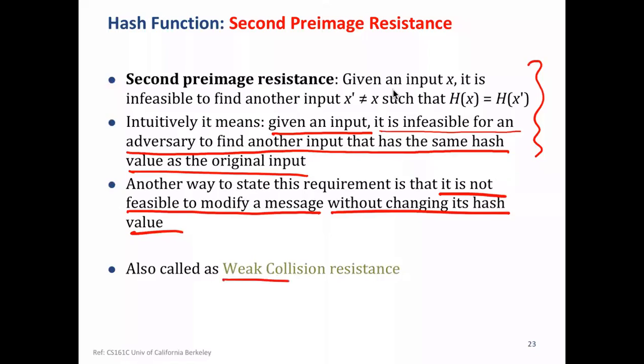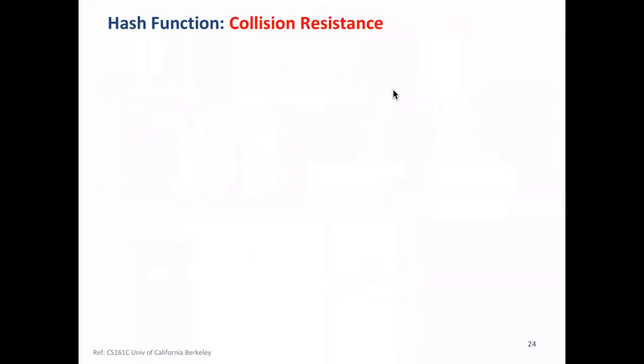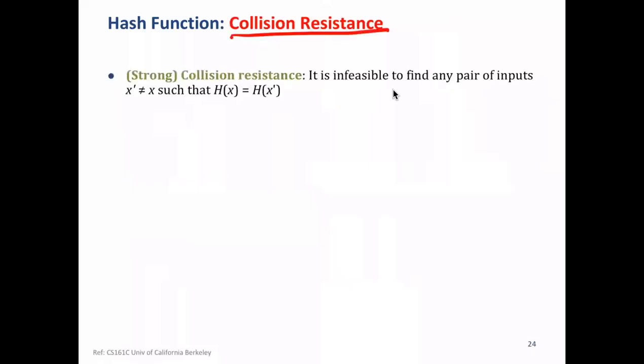We also call this weak collision resistance. And then the third property is called full collision resistance or strong collision resistance, where it is infeasible to find any pair of inputs x and x dash such that h(x) is equal to h(x dash). Earlier we were talking only about, given one x, can you find x dash?